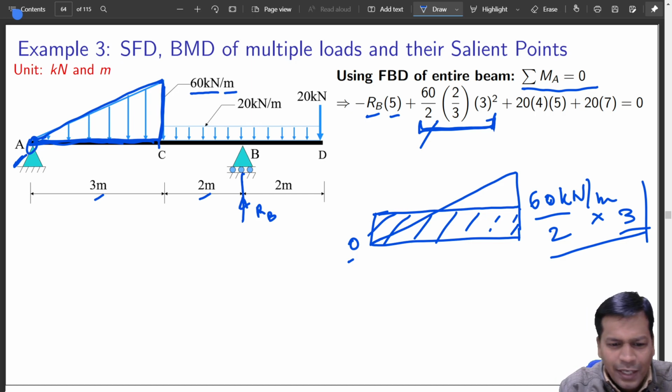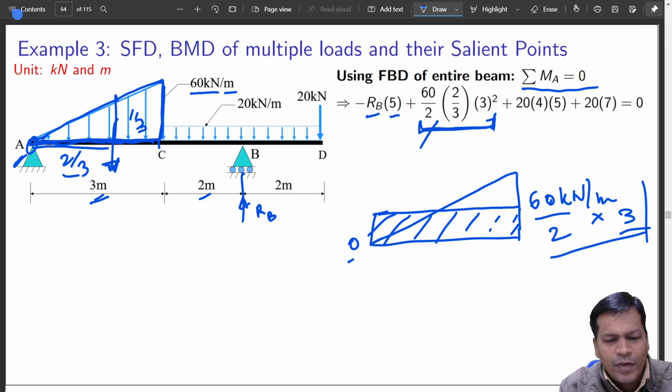It is acting at 2 by 3 from this end. Is it not? Because it is 1 by 3 from here. So 2 by 3 of 3 meters. So that is where it is acting. This is the center of load, where the equivalent load is acting. So that is how you are getting it.